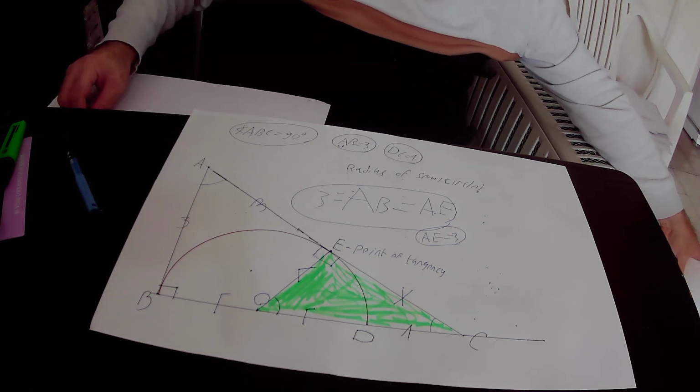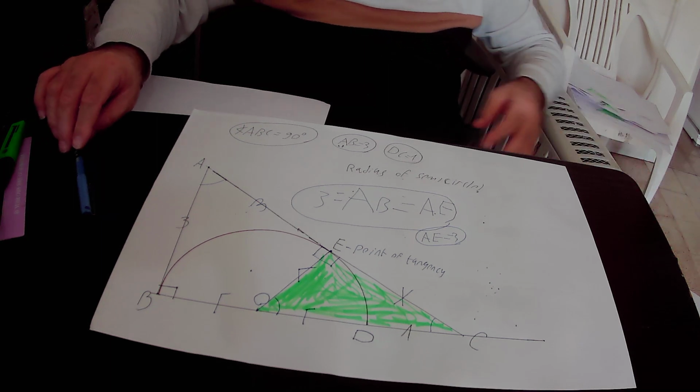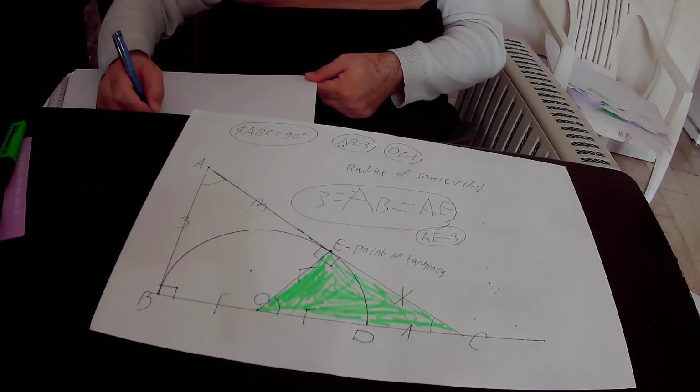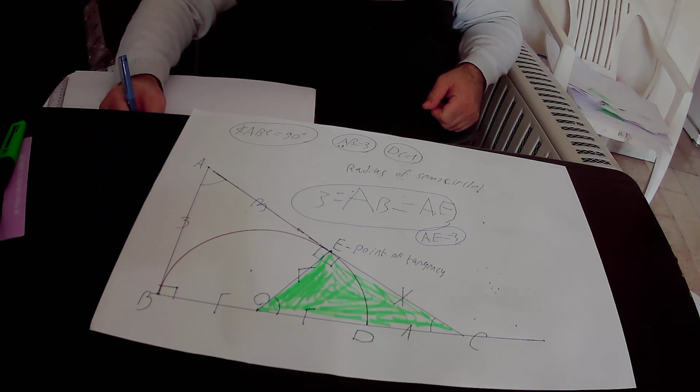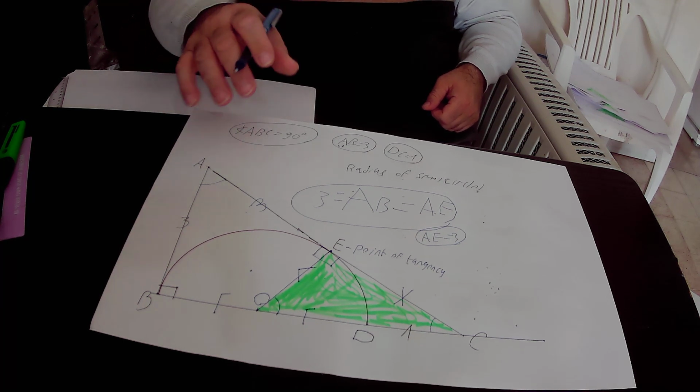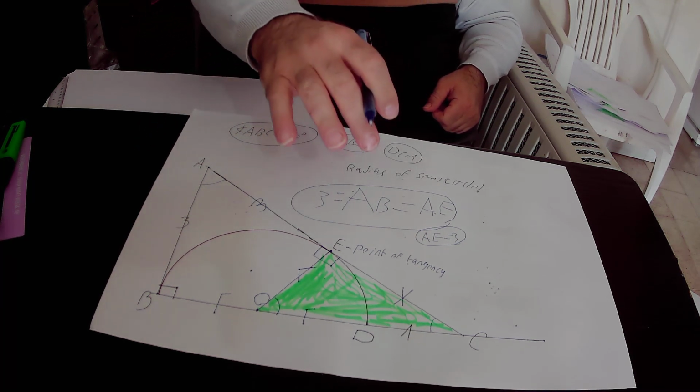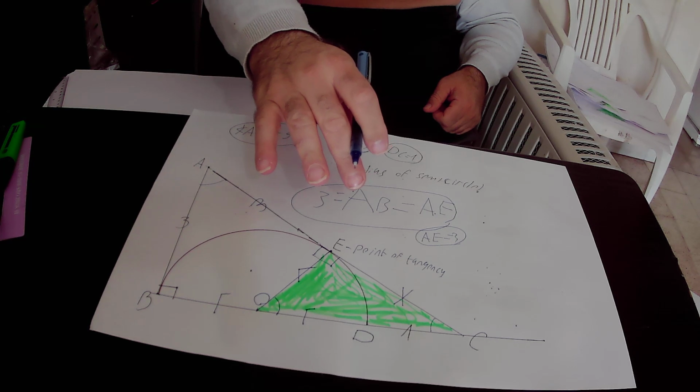Okay? Therefore, we actually proved that triangle ABC, the big right triangle, is similar to triangle OEC, the green right small triangle.